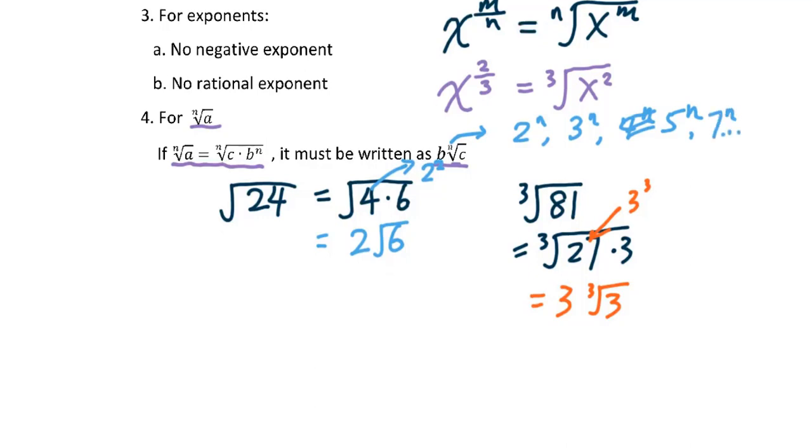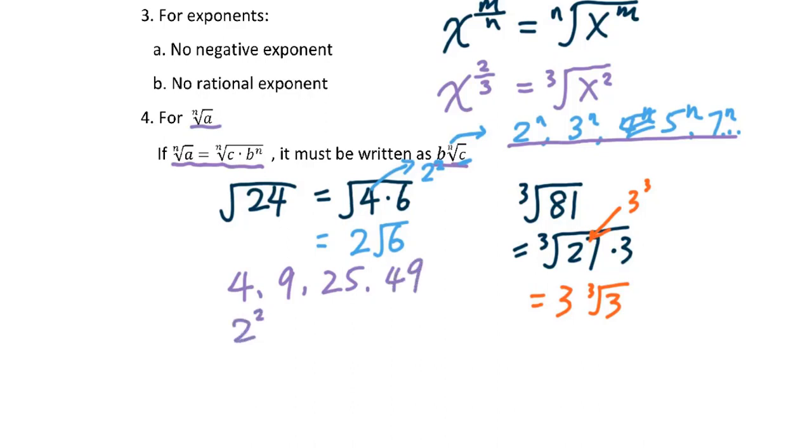Then you check inside this nth root, can you factor so that one of the numbers will be that factor so that you can simplify. For the square root, you will remember 4, 9, 25, or 49.